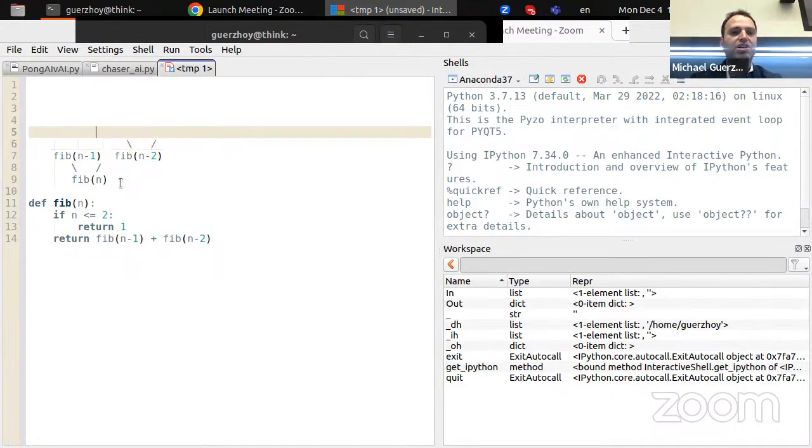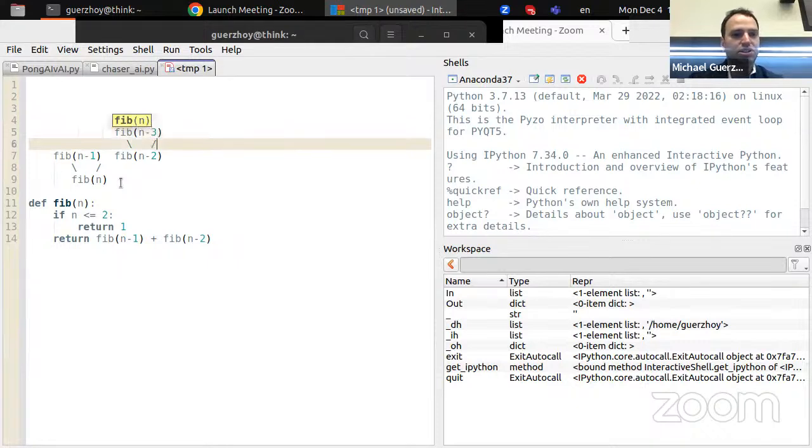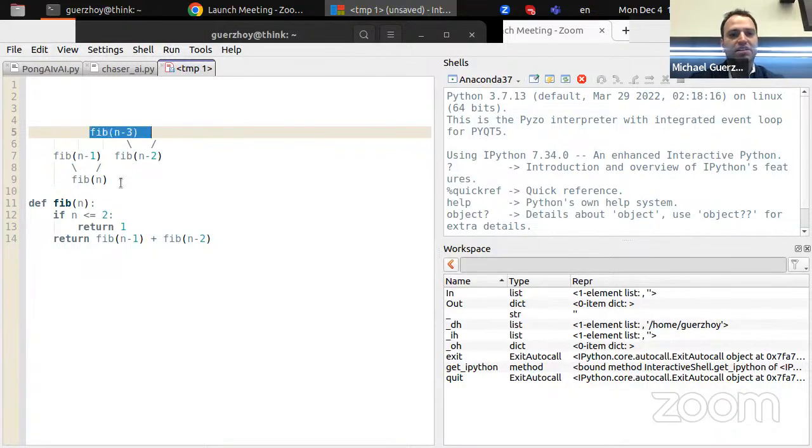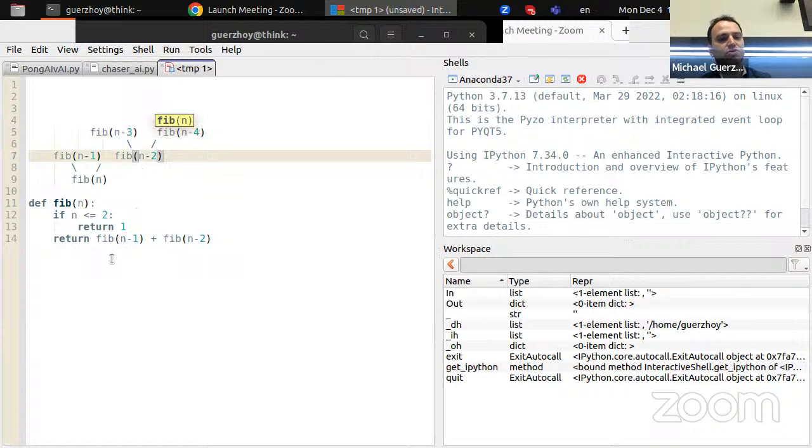So one of them is fib of n minus 3 here, and then here we would say fib of n minus 4, because if you're making a call to fib n minus 2, well, this would be minus 3, and this would be minus 4, and so on.